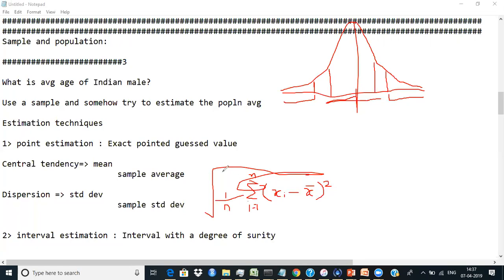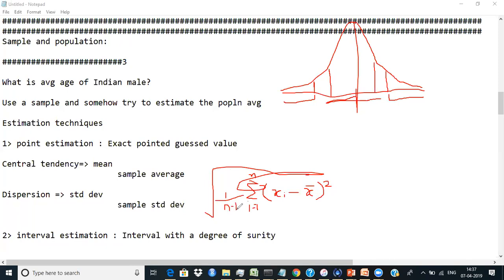When I say sample standard deviation, the only change here is that instead of n, you multiply by 1 by n minus 1. This then becomes the sample standard deviation. This sample standard deviation is the best possible estimator for the population standard deviation.